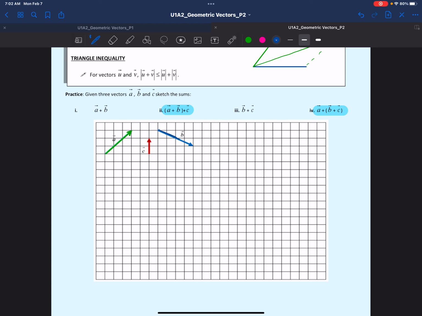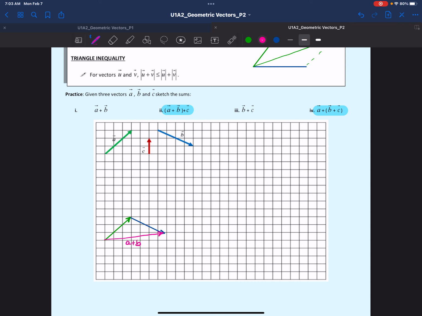So I can easily start off in here by copying these vectors. I'm going to start off with vectors a and b. Here goes vector a, and here goes vector b. I'll place them head to tail, and the sum a plus b would equal, based on the triangle law, this one here. So this would be the sum a plus b.